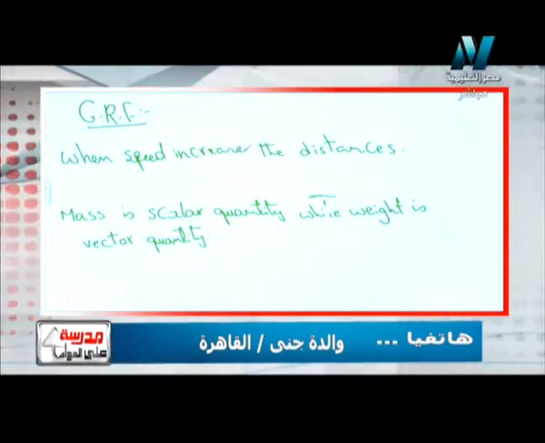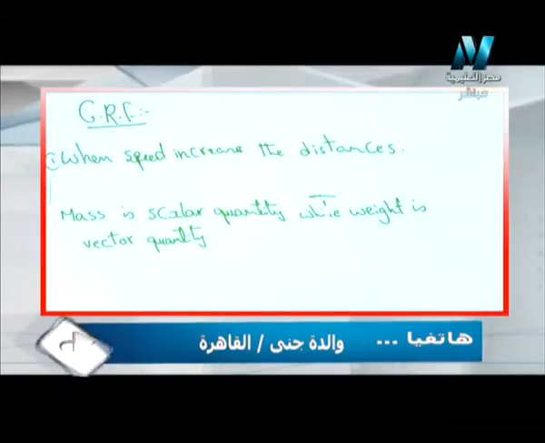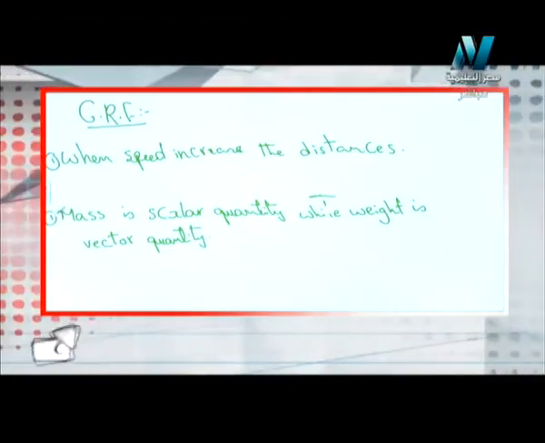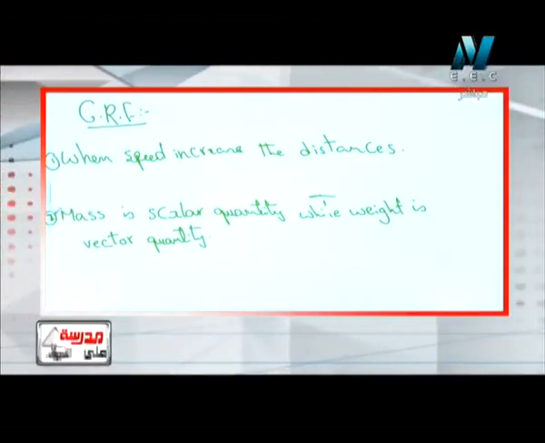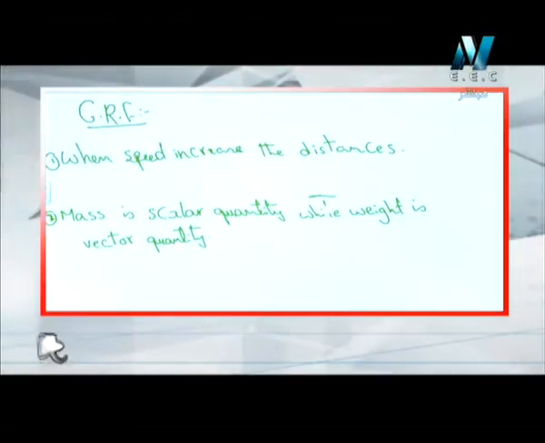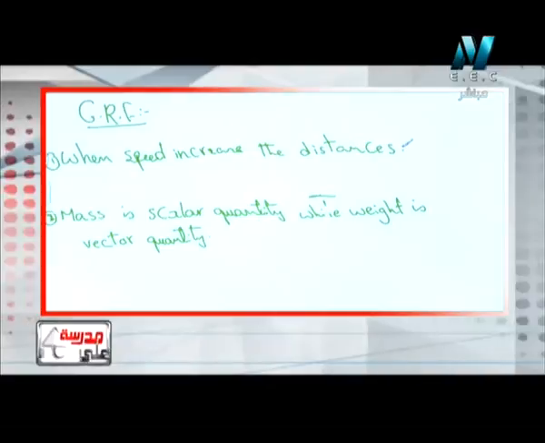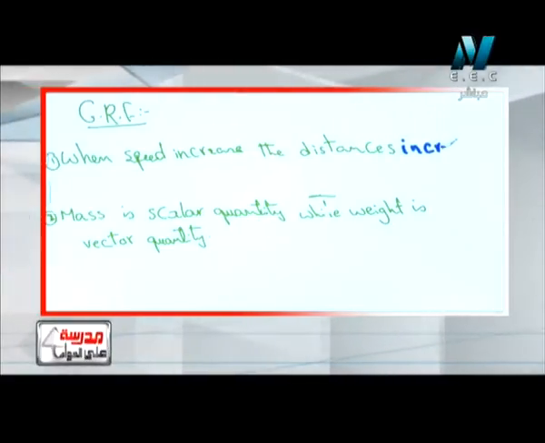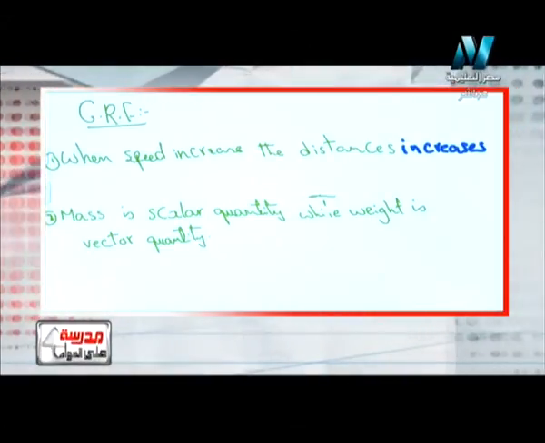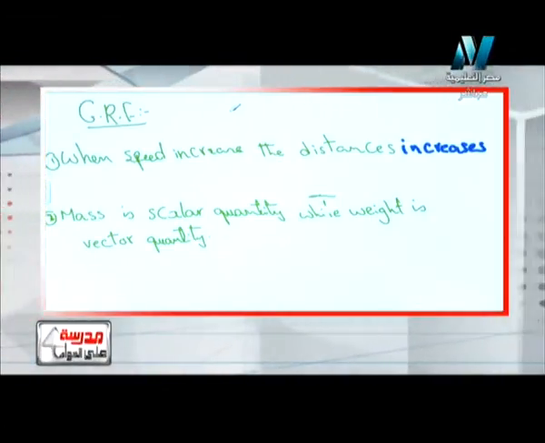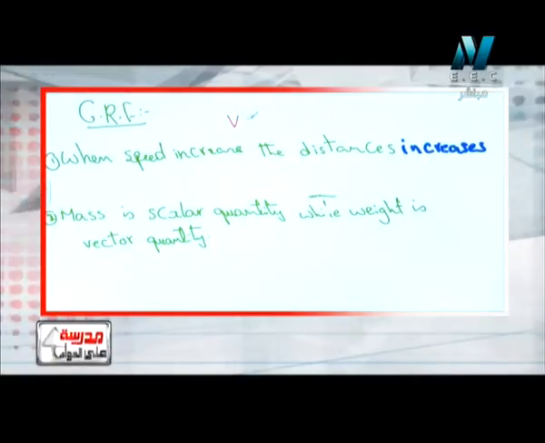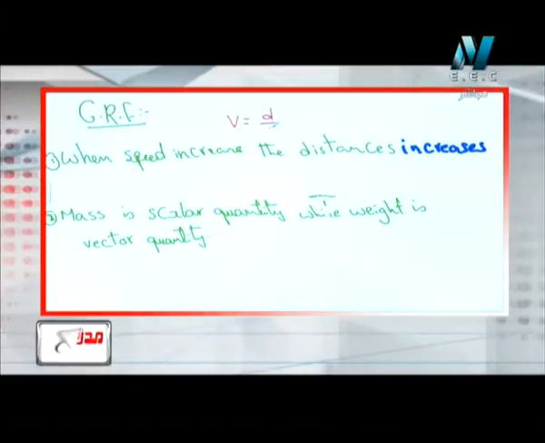So we have here to give reasons, one from lesson 1 in unit 1 and one from lesson 3 in unit 1. Number 1, here we have when speed increases the distance increases. From the first lesson we know how we deal with speed, distance and time. We have speed equals distance over time.